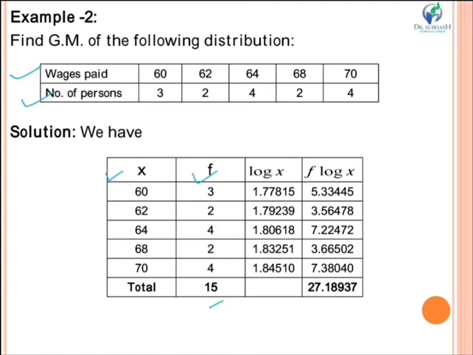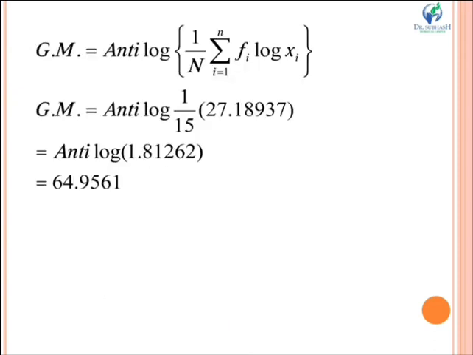We will take log of each and every term of x. So that will be my next column, and I will multiply f into log x. On multiplying all the values, we find the total value of f into log x, that is 27.18937.